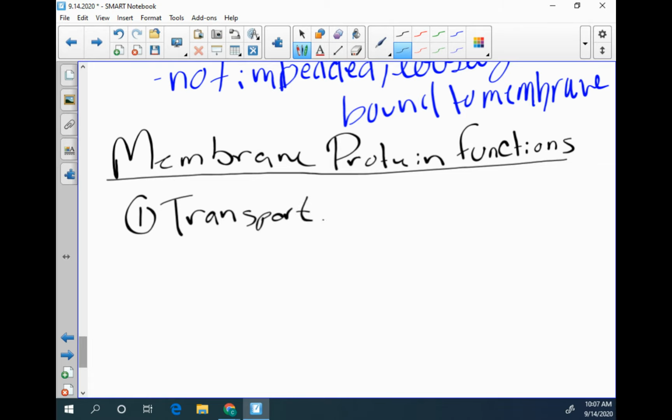You will talk a lot about these transport proteins in your selective permeability assignment tomorrow. So those are like hydrophilic channels and pumps. Stuff that transports things into and out of the cell.